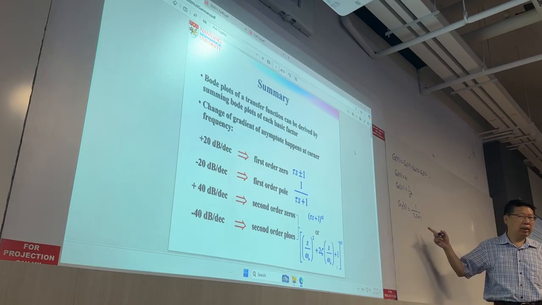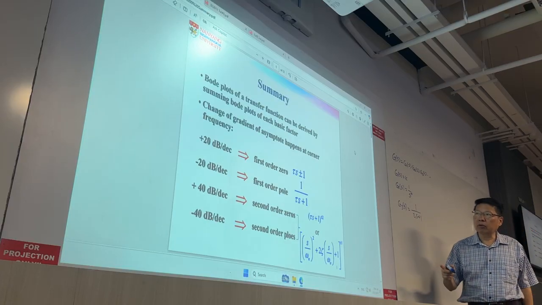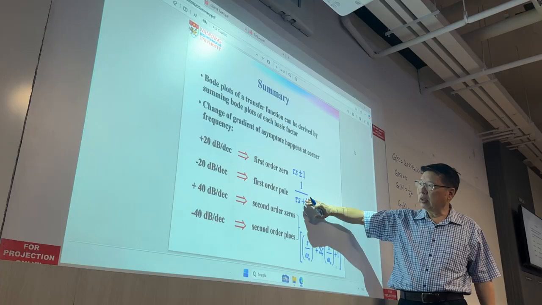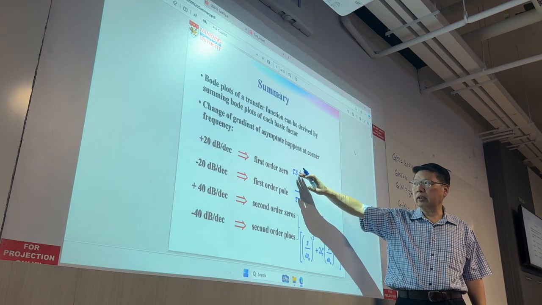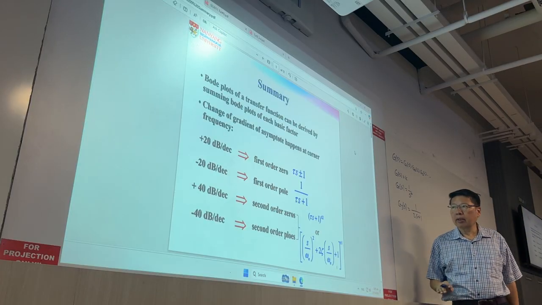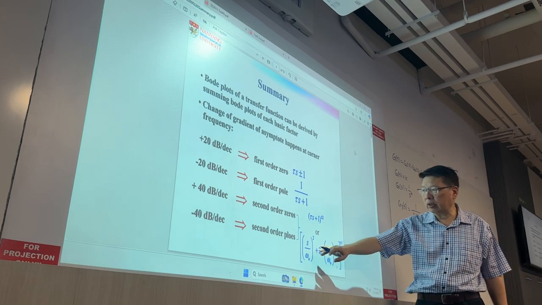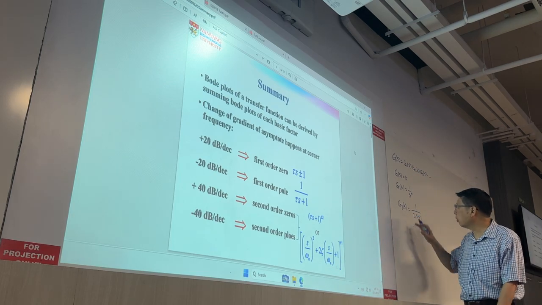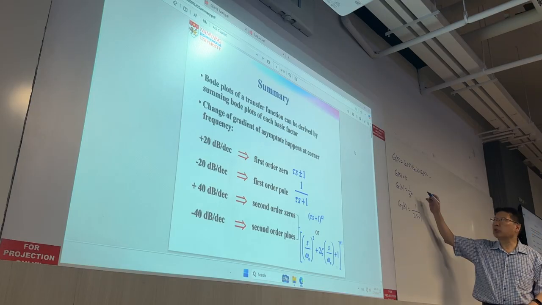So these are normalized first-order factors, and of course when this appears in the numerator, it will appear like this. Then we have a repeated one, and we have a second-order one. For each of these, we discuss their Bode plots.